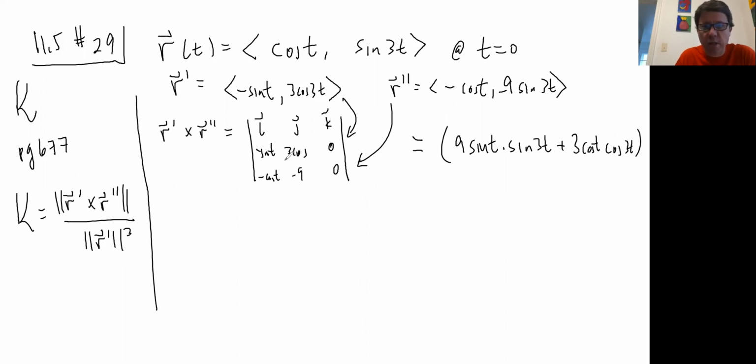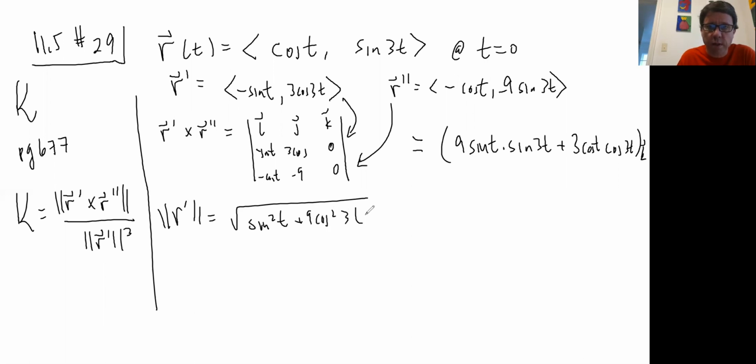So it'll be plus, that'll be plus. And then that's that, but that'll be k. But again, when we take the length of something that only has a thing times k, it's just going to be that answer inside, maybe absolute value. The length of r prime would be the square root of each of those components squared, making sure to square out any negatives. So sine squared, 9 cosine squared 3t.